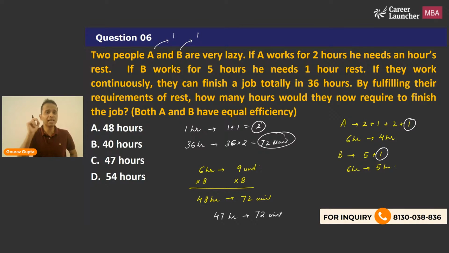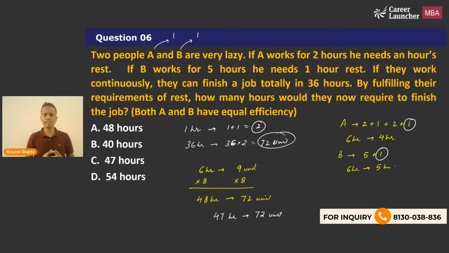I could have included the last 1 hour if any one of A or B is working in that hour. But this last hour, the 48th hour, is the resting hour for both of them. That means they have already finished the work 1 hour before this. So the correct answer should be 47 hours.